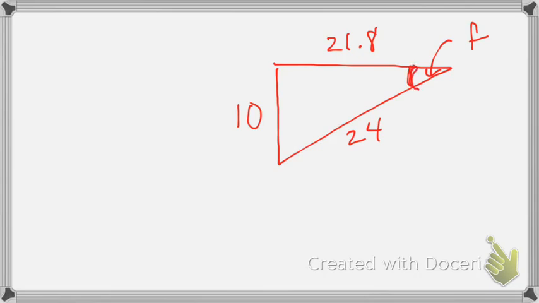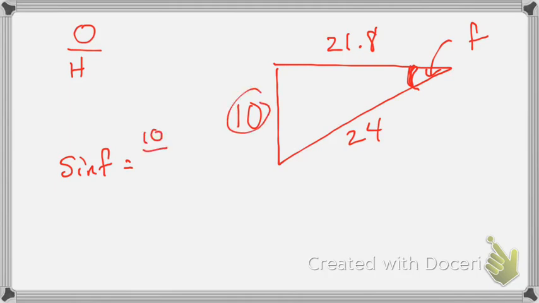Now I need to find this angle. This is my angle in question, so I'm going to use sine of F. Sine of F means opposite over hypotenuse. The opposite is 10, so it's going to be 10 here, and then 24 is the hypotenuse. Now if you paid attention to what we did in the enrichment stuff a couple weeks ago, then all you know is that you have to switch this and this, here and here, and we have to do the inverse of that.